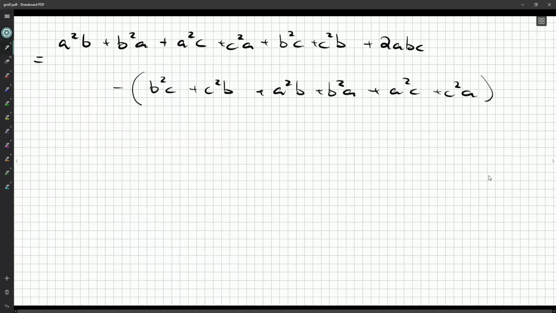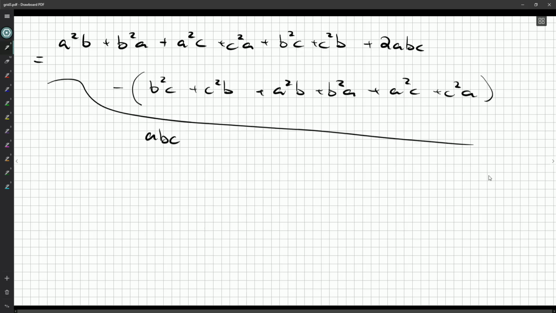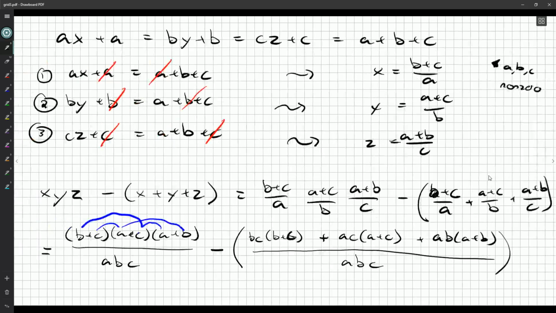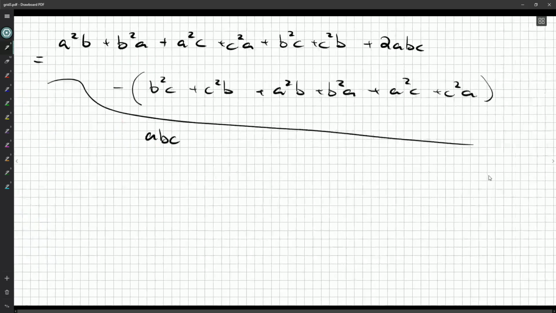And all of this is over a, b, c. Right? Yeah, we'll get 6 terms there. And now we play the cancellation game. Everything cancels, and I'm left with 2.